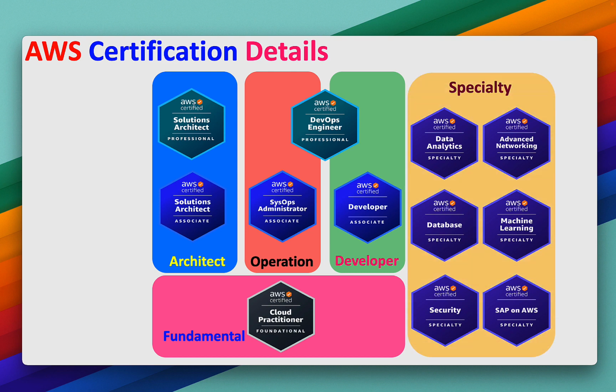Now if you look at these tracks, the very first certification that we need to take is under the fundamental track, which we call AWS Certified Cloud Practitioner. It's a fundamental certification and it's pretty easy. Many people appear for this certification as their first step in their cloud career.